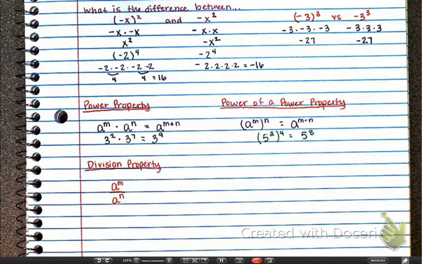So for the division property, I have a to the m over a to the n. Anyone remember what I do with those exponents?